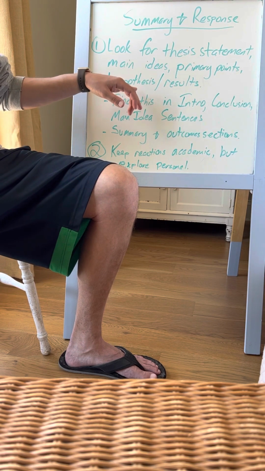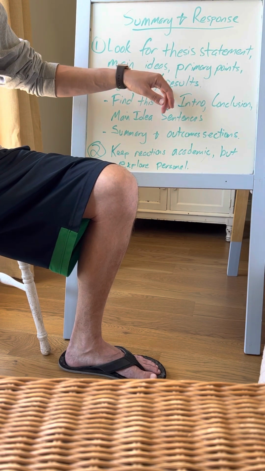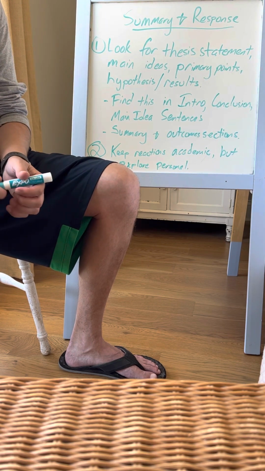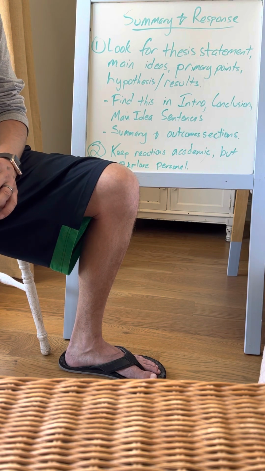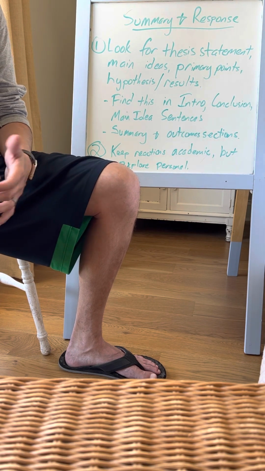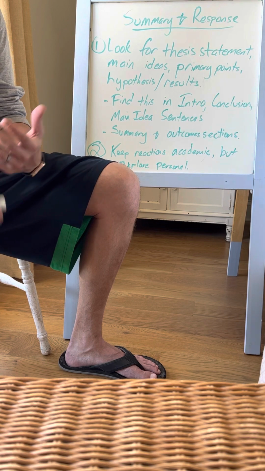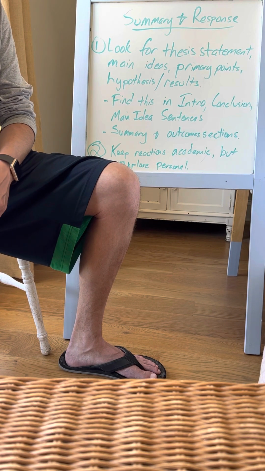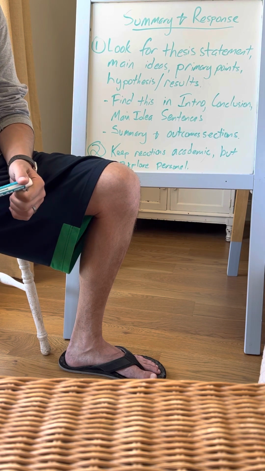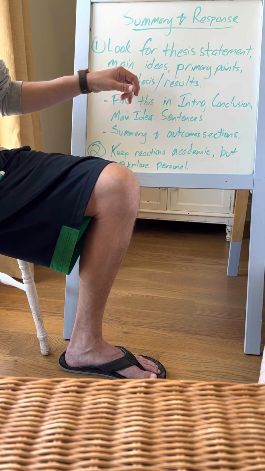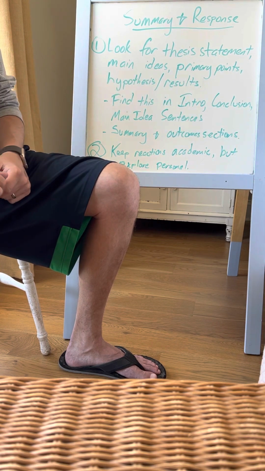The reason you're looking for these two things is that while the method is important, and it's very important to understand what statistics they collected, how they collected them, and how they designed the experiment, at the end of the day, what you're most interested in is what your prediction was and what your results were. So the hypothesis and the results.